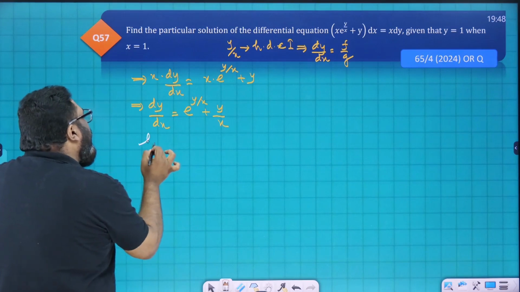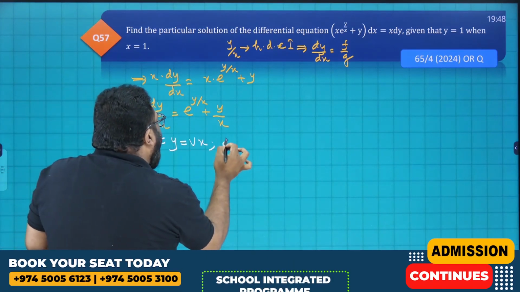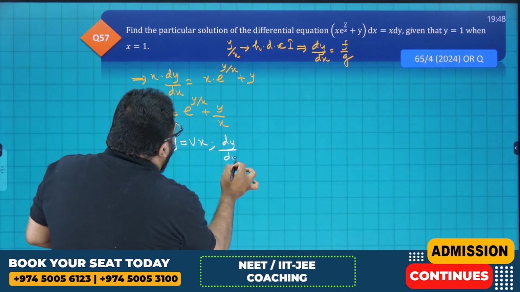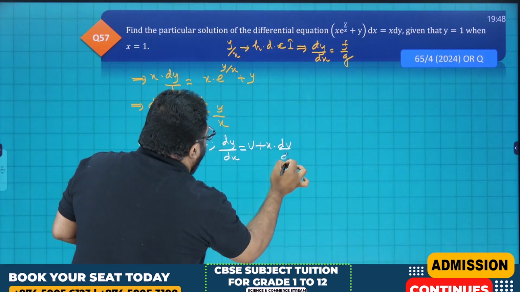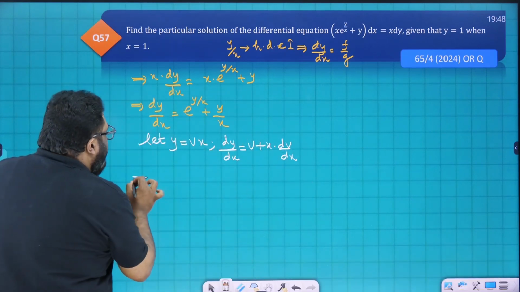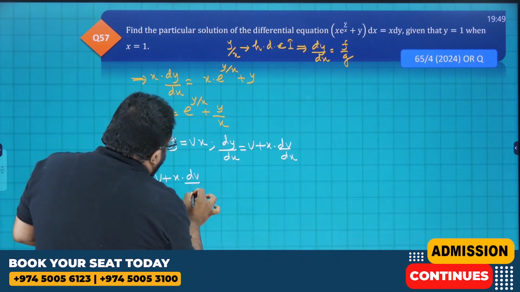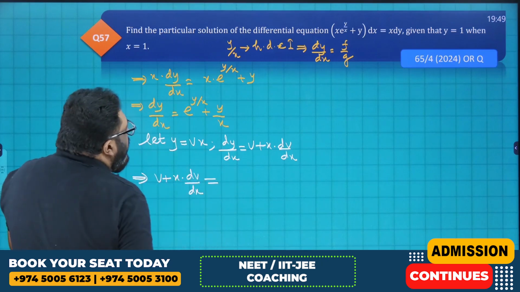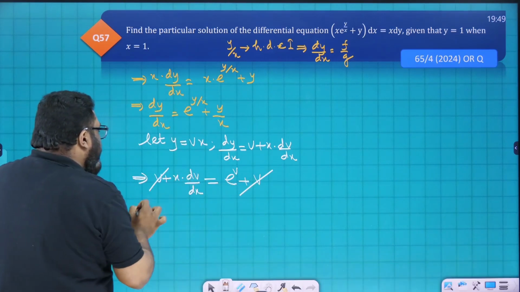So my substitutions are, let y is equal to vx and dy by dx is equal to v plus x dv by dx. Substitute, my dears. So we will get v plus x dv by dx is equal to e raised to v plus v. V again cancels.